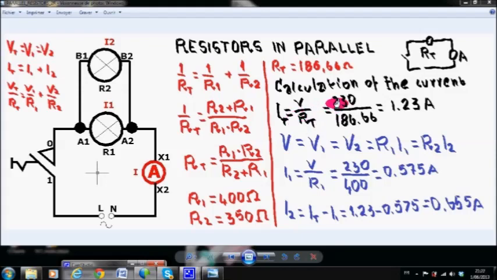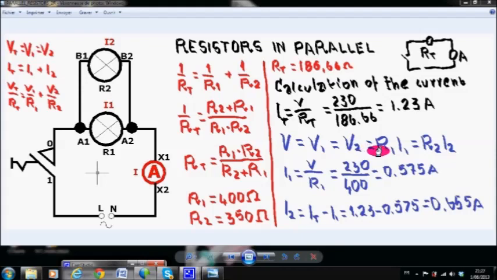So we have 230 divided by 186.66 equals the current. So the current that flows through our circuit is 1.23 amps.